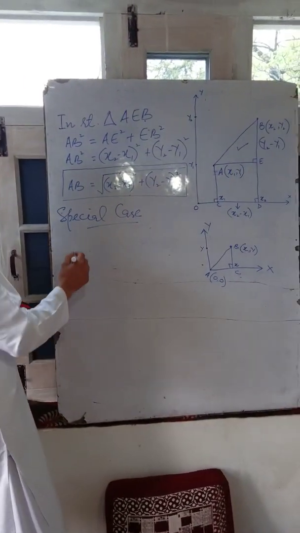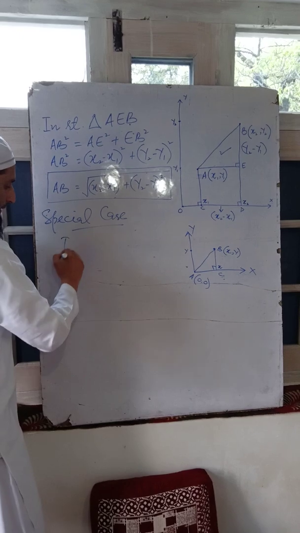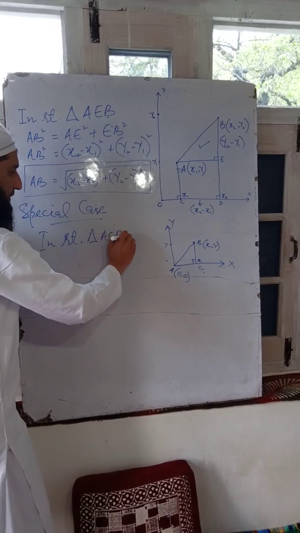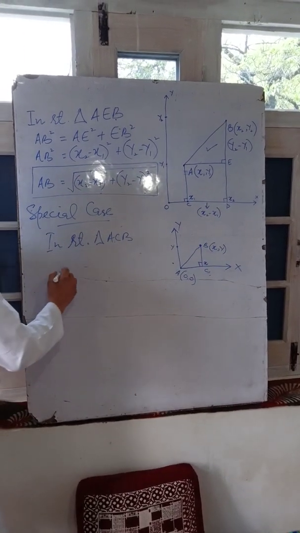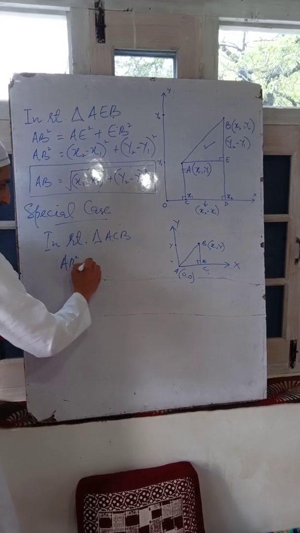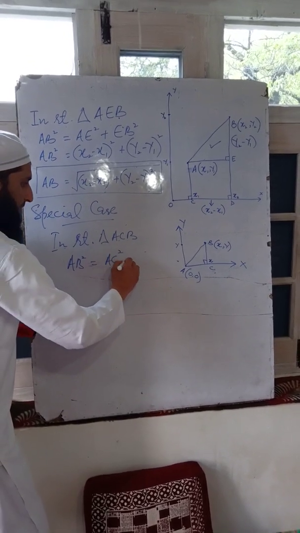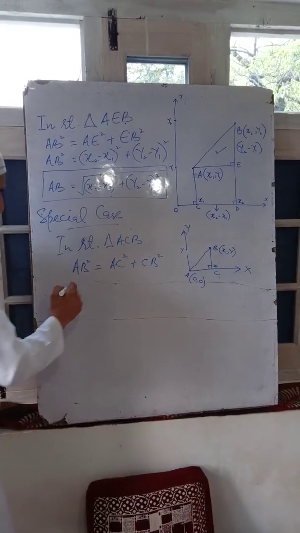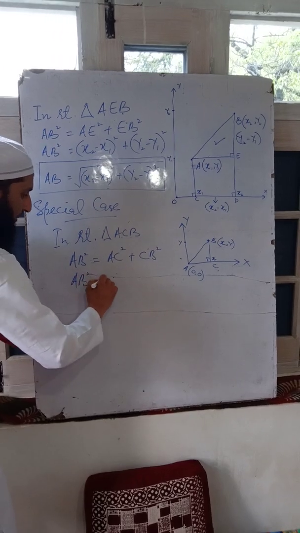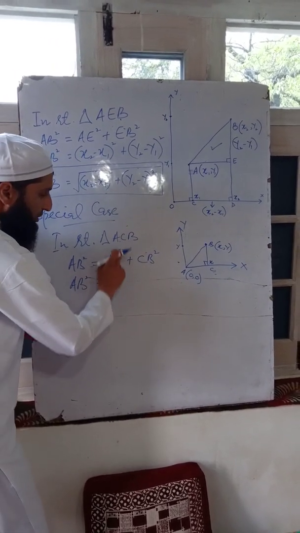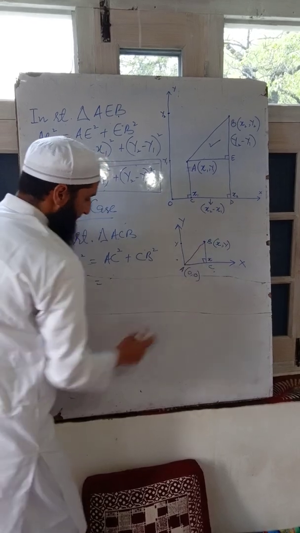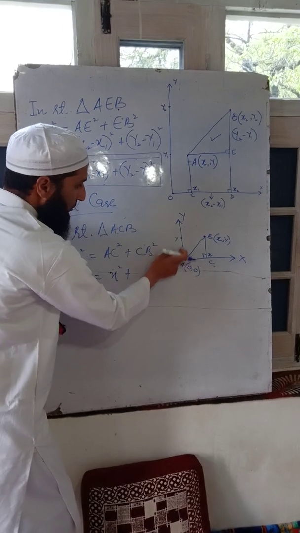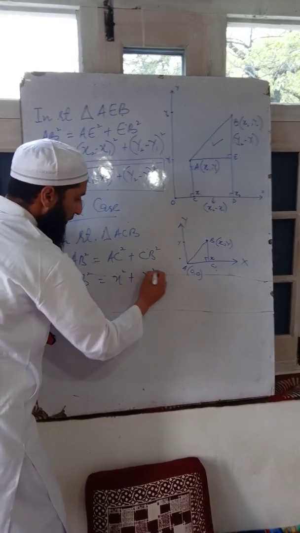Now in a right triangle ACB, apply Pythagoras theorem. Hypotenuse square, that's AB square equals to base square plus perpendicular square. Substitute the values, we get AB square equals to AC square, AC equals to x, so x square, plus CB equals to y, this one, y square.